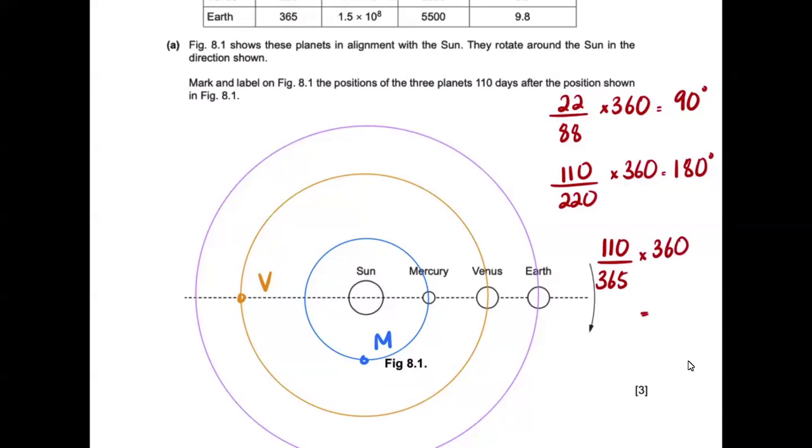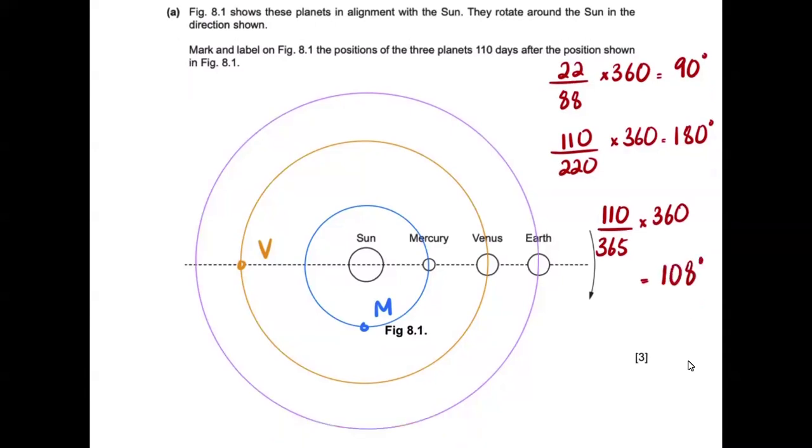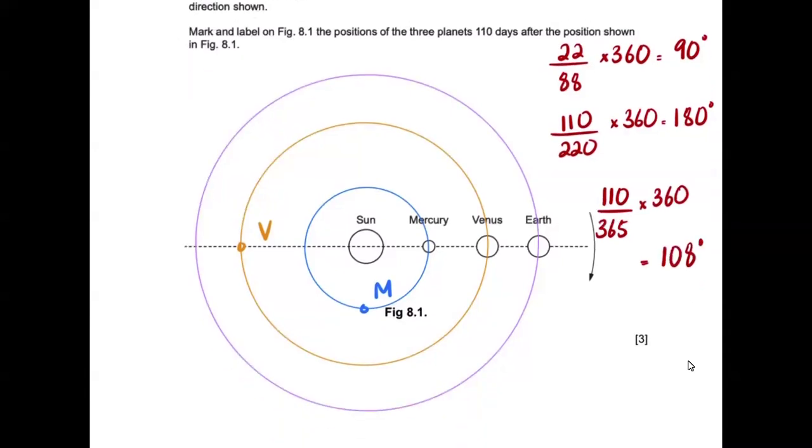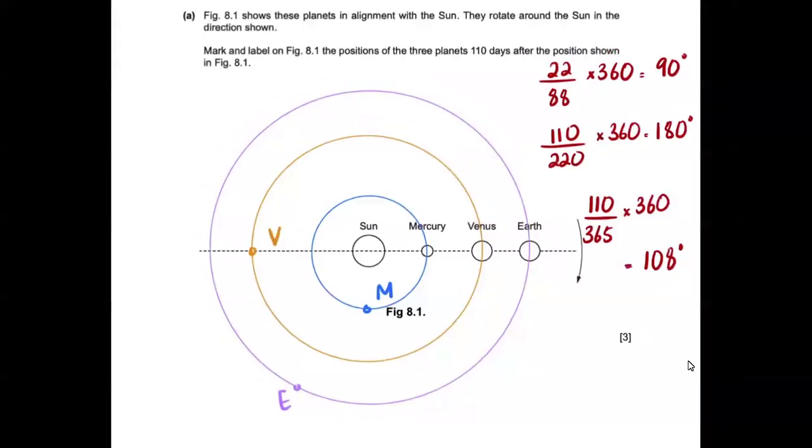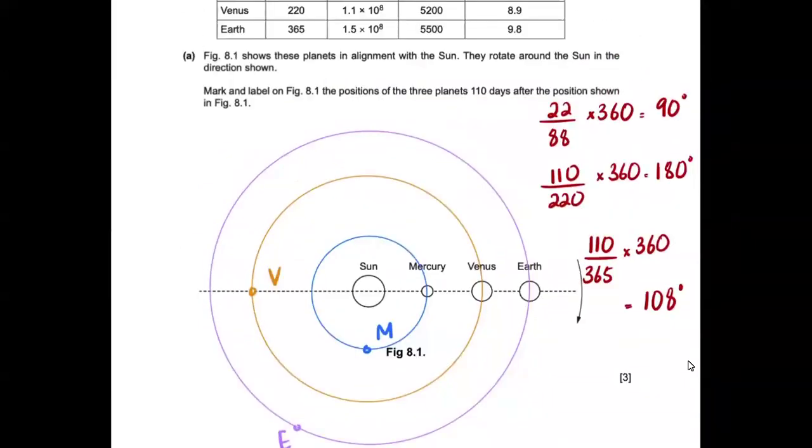So 110 divided by 365 times 360 is 108 degrees approximately. So 108 would be somewhat more than 90, so probably someplace here. Again, you don't have to actually measure this. The calculations should be clear as to how you've reached your answer. So this is the position of the Earth.